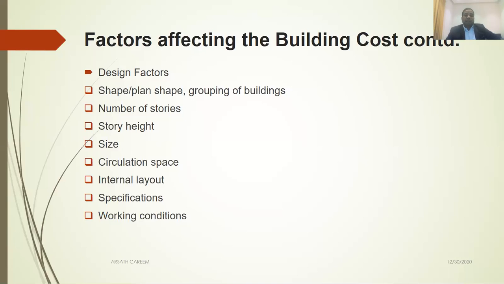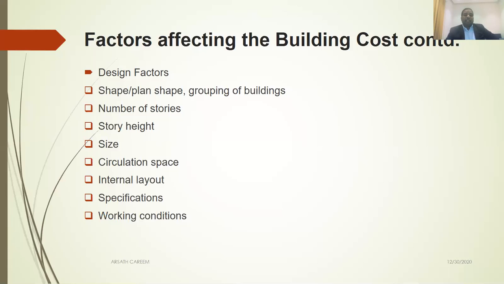Also, the size of the building definitely affects the cost. Circulation space. What does circulation mean? Circulation means people going through the general spaces allocated, for example, staircase, lift, passage, balcony. This is called circulation.